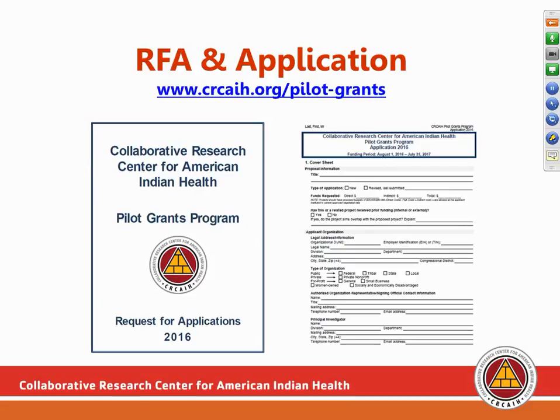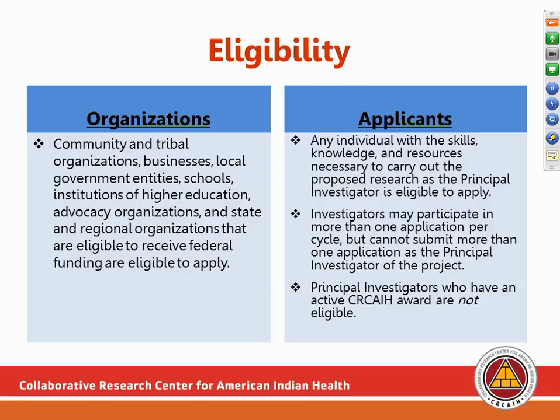So there's other resources on the website to check out as well, such as the checklist to make sure you have all the pieces for your application, as well as the frequently asked questions that we've developed from the past 3 cycles. So questions on the FAQs that we may not get to today, you might want to check out include questions on approvals needed, eligibility for principal investigators, and on budgets.